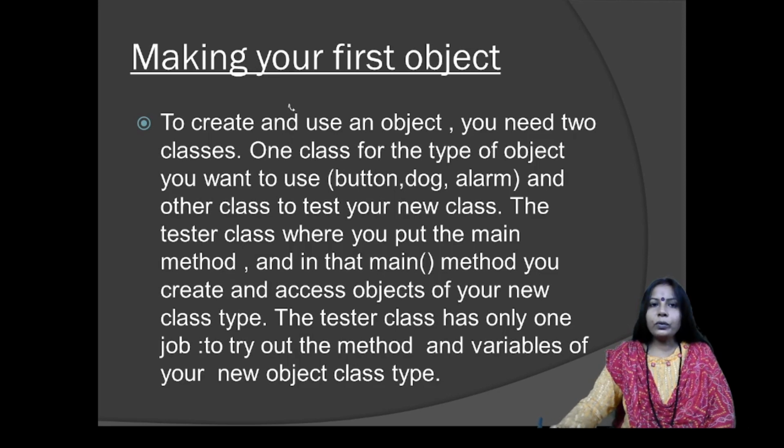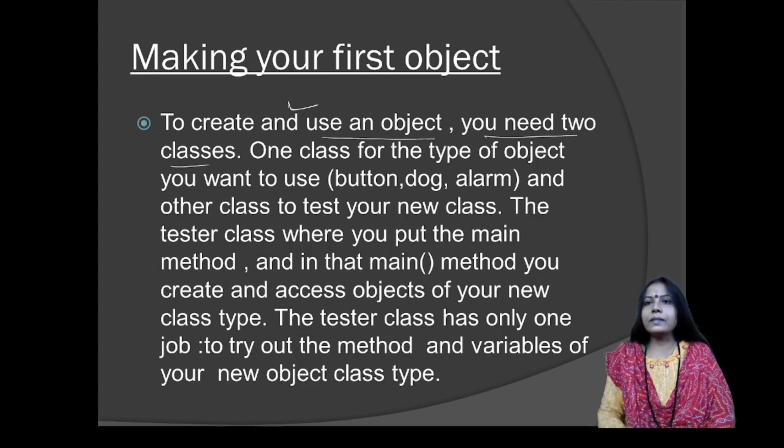So if you try to create an object, अगर आप object को create करना चाहते हो, then at first you need two classes. आपको दो classes की जरूरत होगी. One class is for the type of object that you want to use, and the other class is to test your new class.